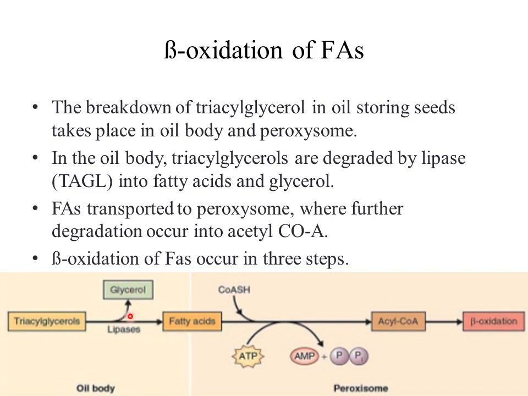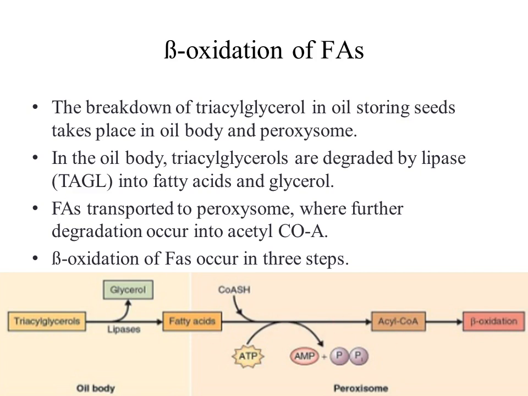In this step glycerol is released into the cell, but fatty acid goes into another round of metabolism. This metabolism occurs in the peroxisome where, by the action of the enzyme, ATP is utilized and it is broken down into acetyl CoA, and this whole process is called beta oxidation.